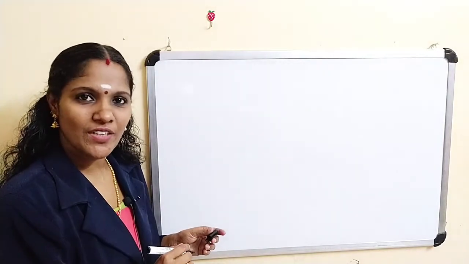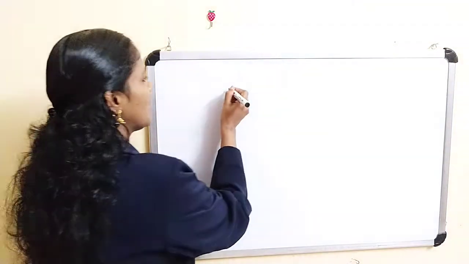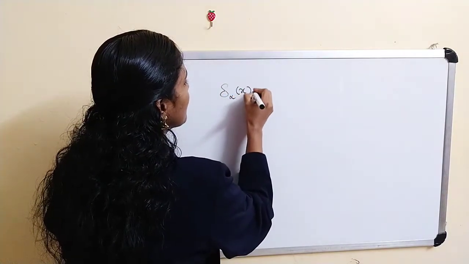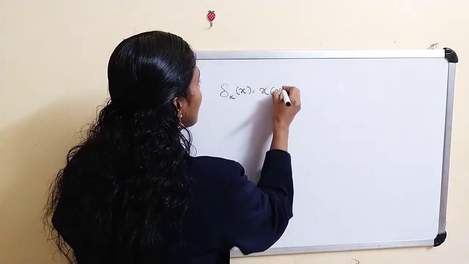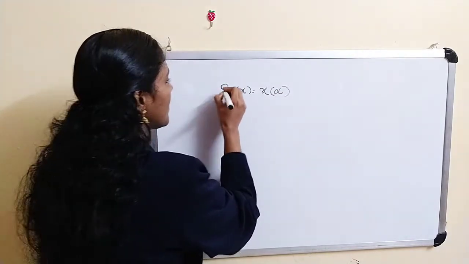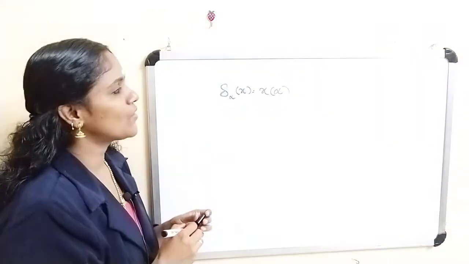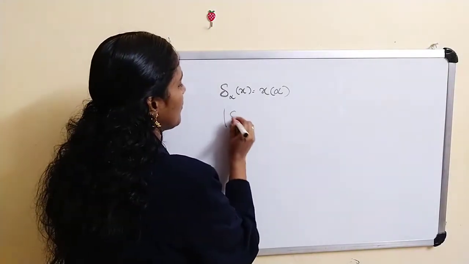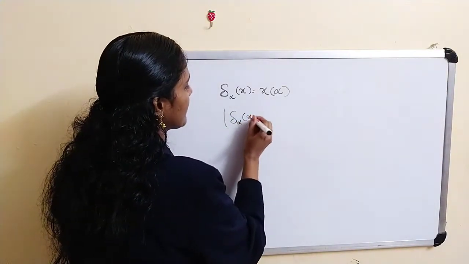Another linear functional on C[0,1] is delta alpha of x, which is equal to x of alpha. Now what about the norm of delta alpha of x?